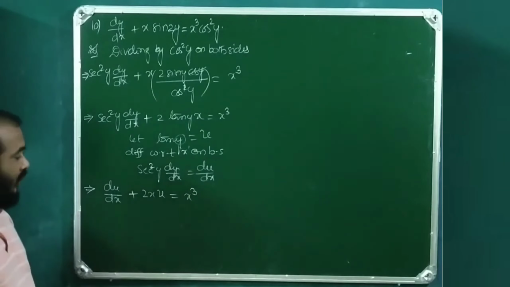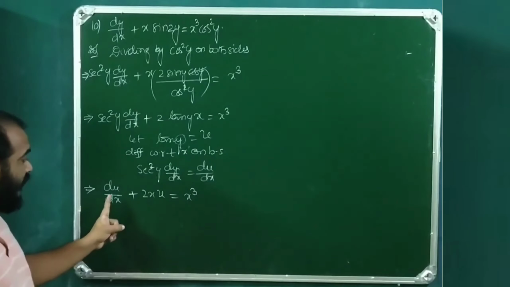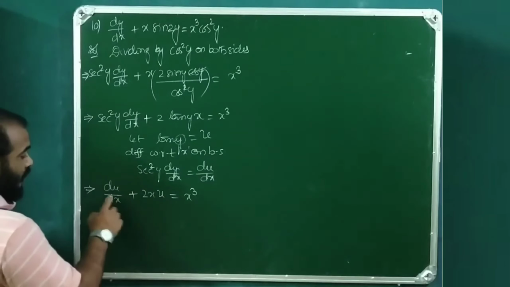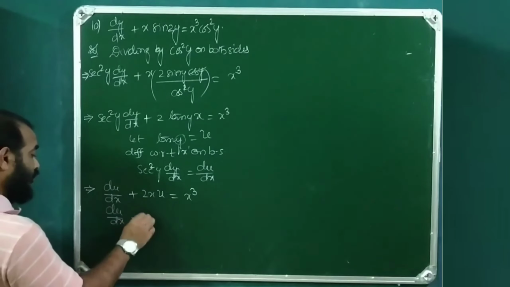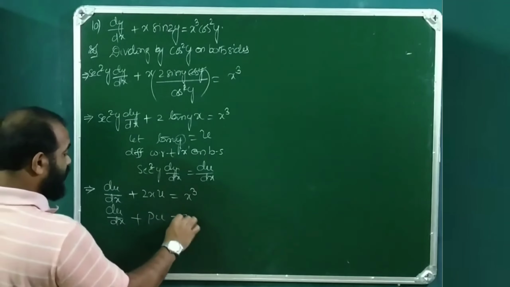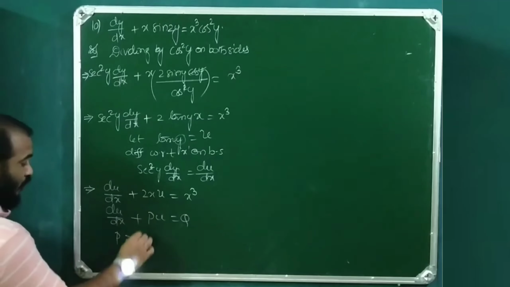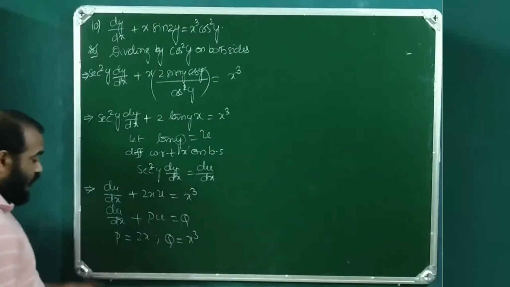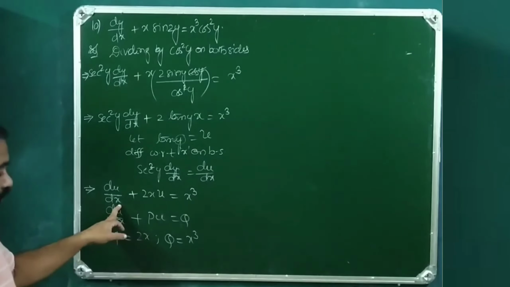So this is the linear differential equation in terms of u. Therefore, it is of the form du by dx plus p u is equal to q, where p is equal to 2x and q is equal to x cube. So p, q are in terms of x. So x is the independent variable here.